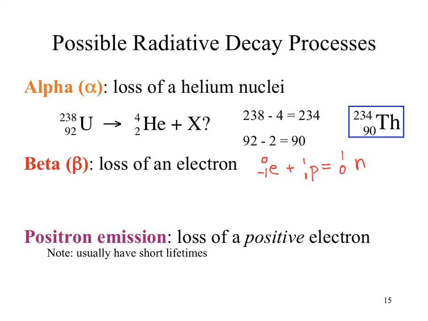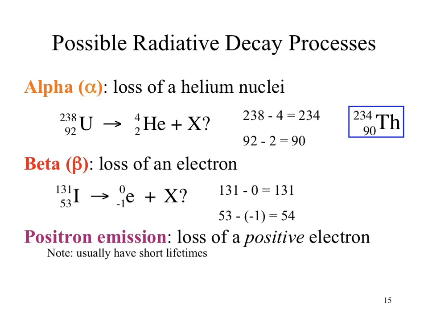Okay? So if we go through and take a look at this reaction, let's say iodine. If we start with iodine here, and it undergoes beta emission, what's the particle left over? Same thing as we've been doing, subtract our atomic weight. So we'd get 131 minus 0. And we go through and look at our atomic number.